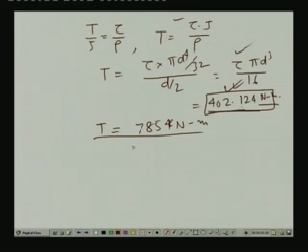Now, let us look from the angle of twist point of view. Theta, as we know, is equal to TL by GJ. Now we have two segments, theta 1 and theta 2.